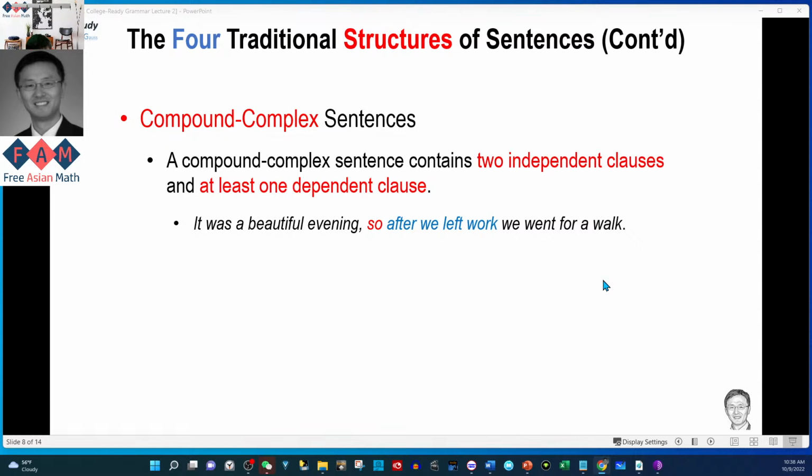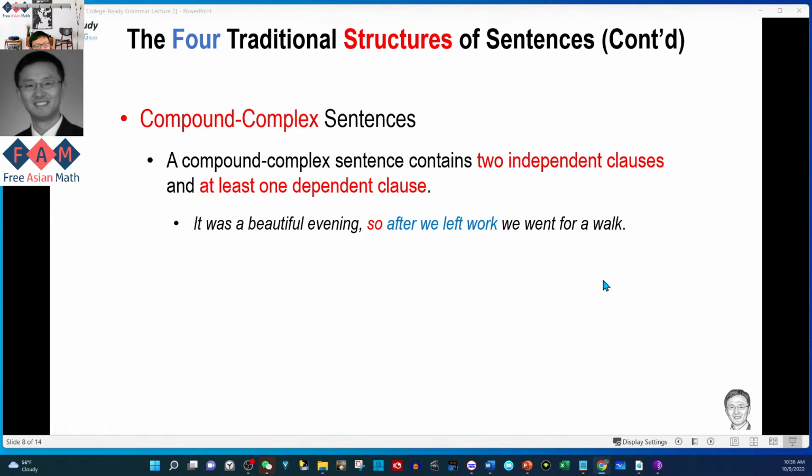The other complete or independent clause is, after we left work, we went for a walk. Look, if we separate this out, after we left work, we went for a walk. That could be a complete sentence as well.